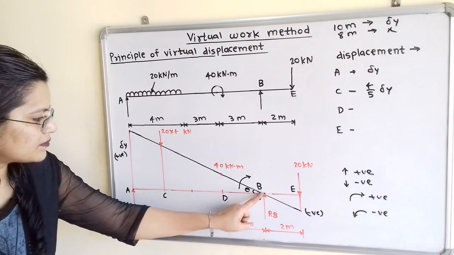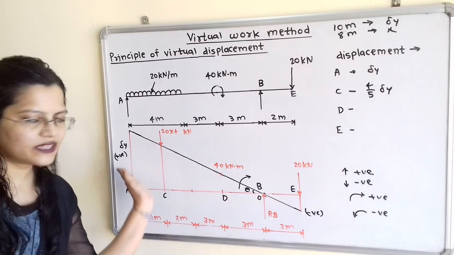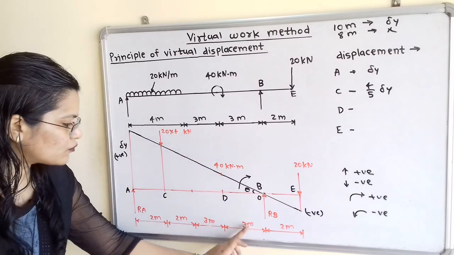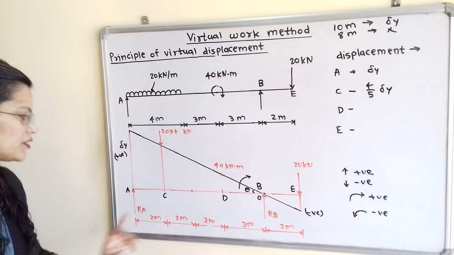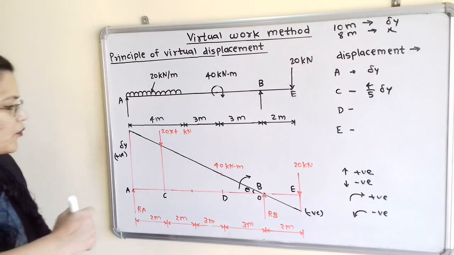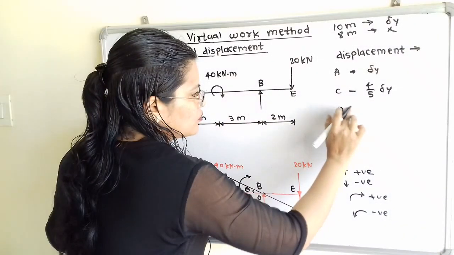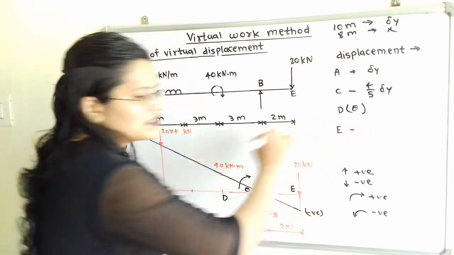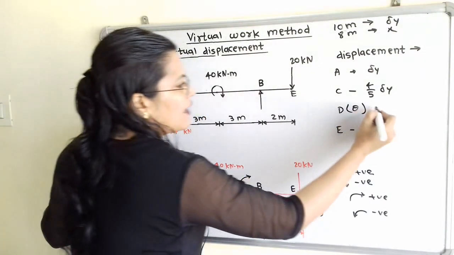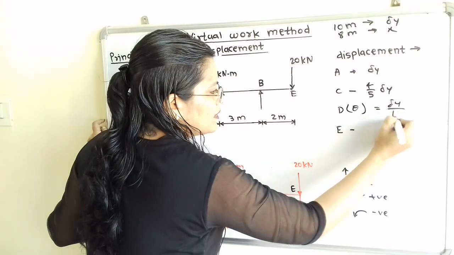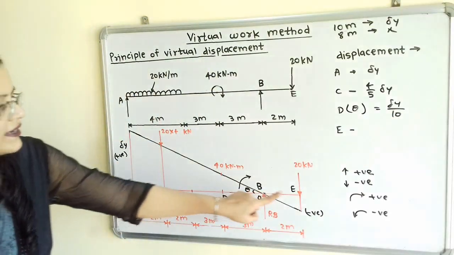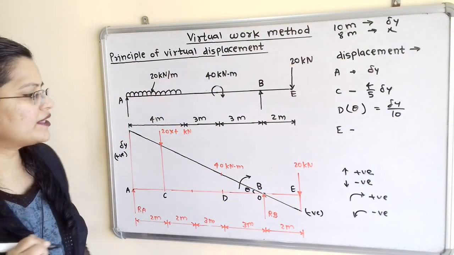That is, from this point B where this beam is rotated, we have to take 3 plus 3 plus 2 plus 2, that is 10. So at point D, theta is equal to, because this is the rotational displacement, I will write delta y by 10.